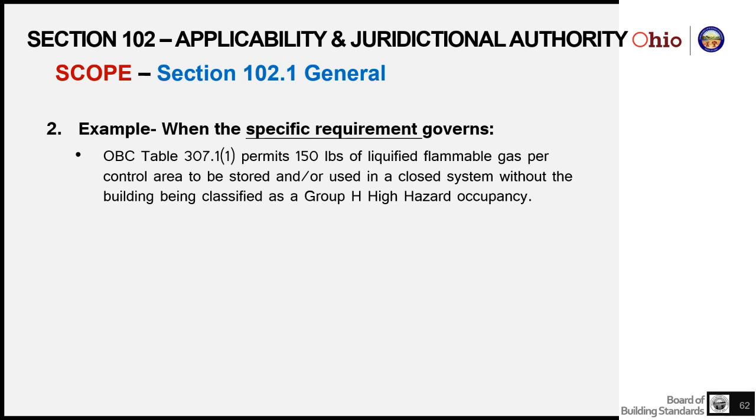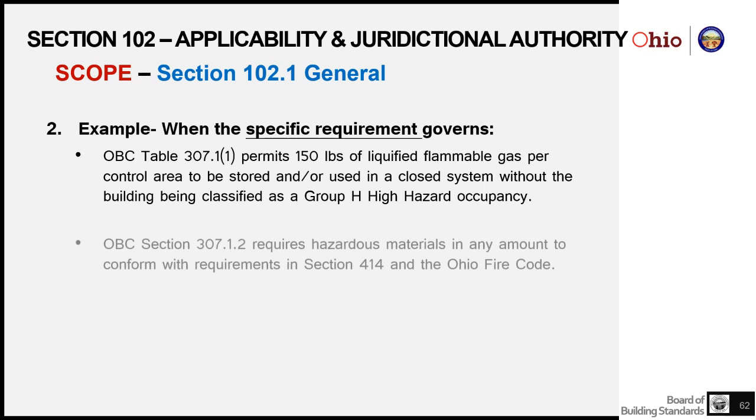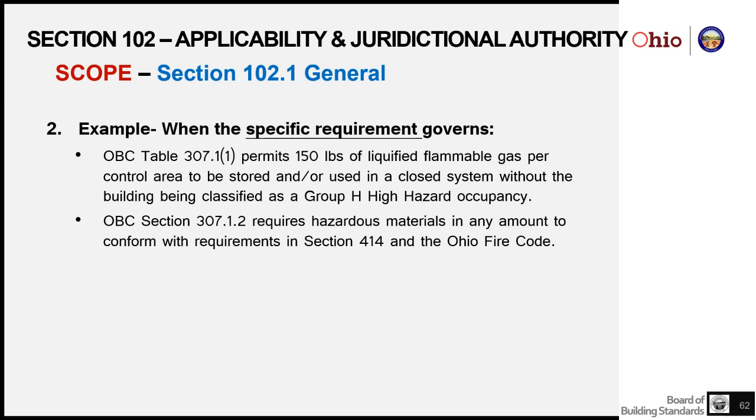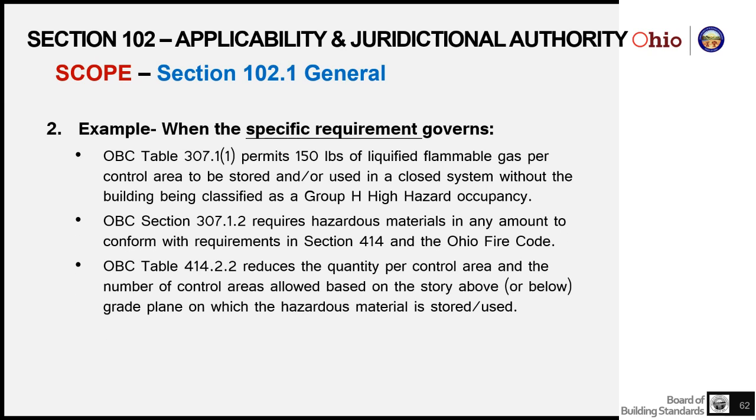So the building code table 307.1 parenthesis 1, this is going to deal with hazardous materials. It points out that you're permitted to have 150 pounds of liquefied flammable gas per control area that can be stored or used in a closed system without the building being classified as a group H high hazard occupancy.